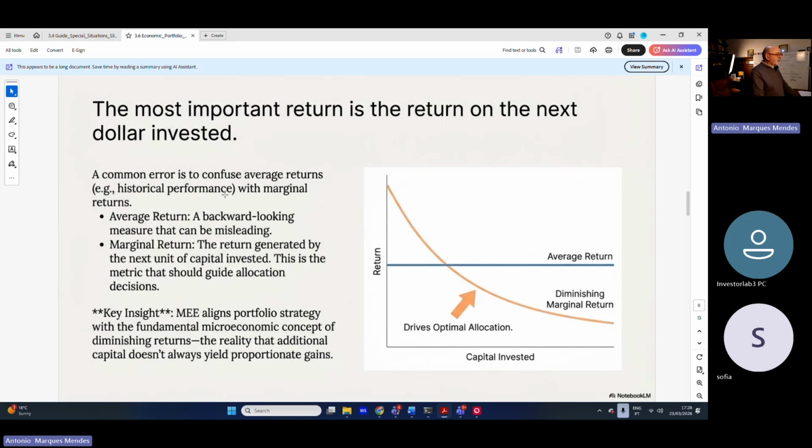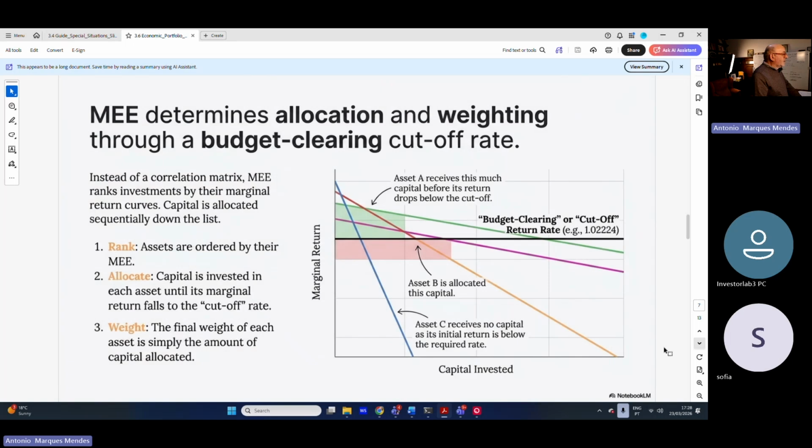So I built this alternative where we look at the marginal efficiency for alternative stocks.